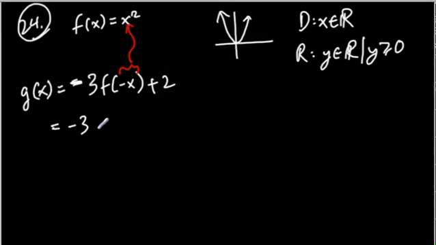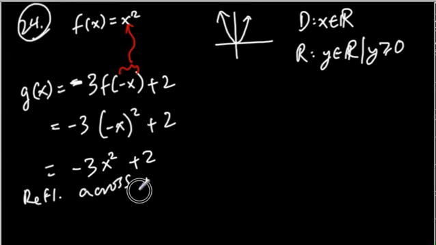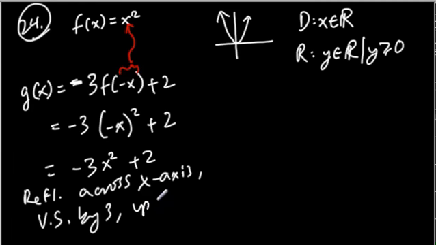So negative x, squared, plus 2. And the thing is, if you square this, this simply becomes x squared. So it's negative 3 times x squared plus 2. All we notice is a reflection across the x-axis, and it's a vertical stretch by 3 and then up 2.